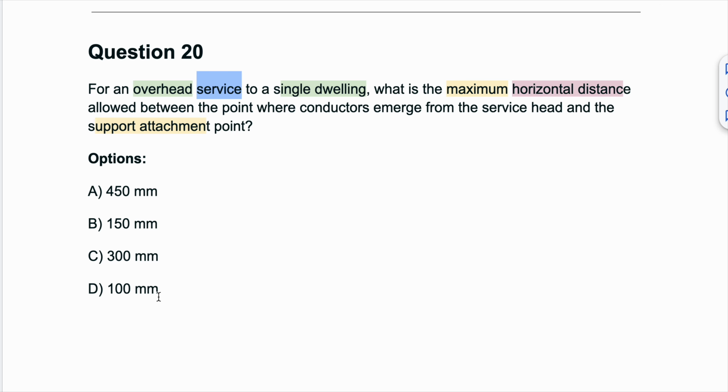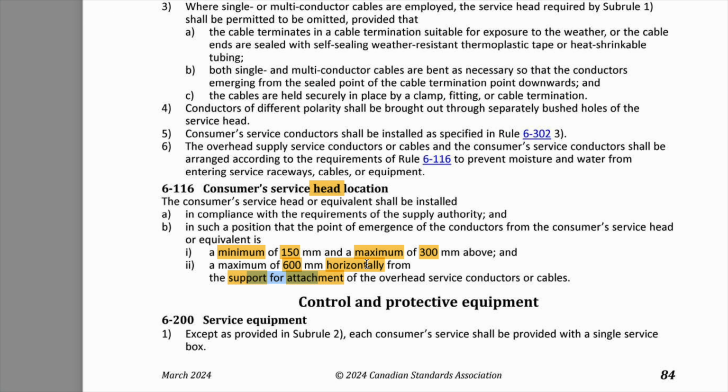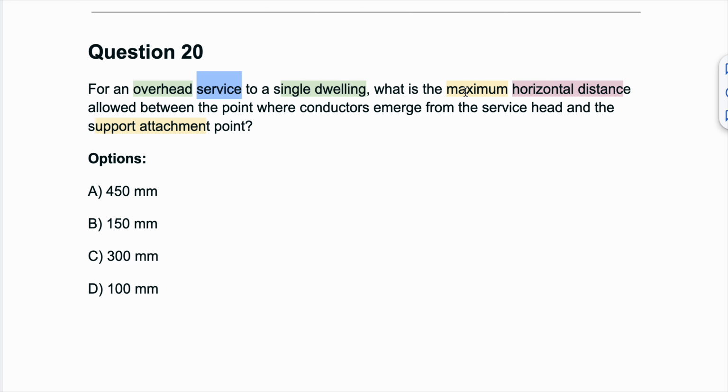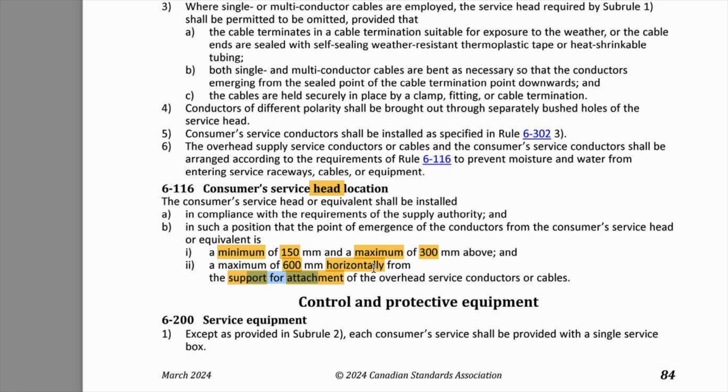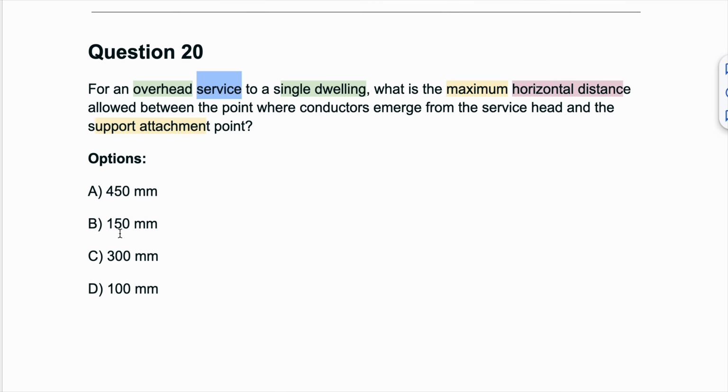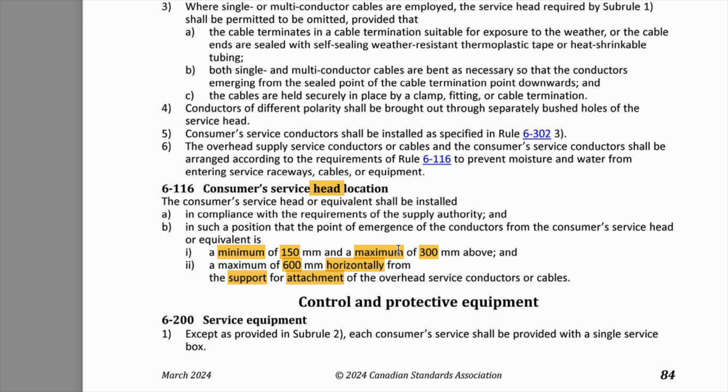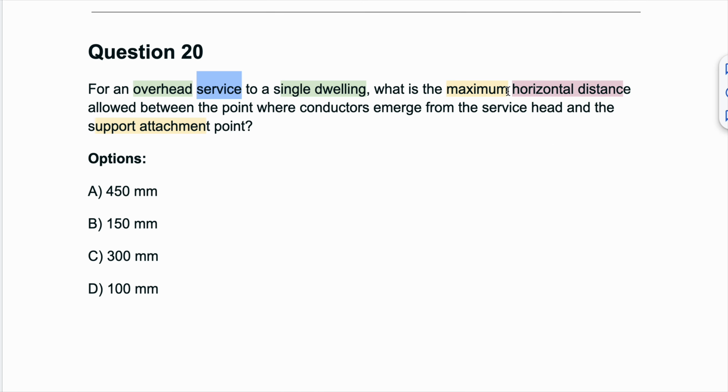Oh, we don't have 600 in this question. It says horizontal distance, maximum horizontal distance. 150 is the minimum and 300 is the maximum, but that is the vertical distance. The question has 300; it can look like the answer, but it's not. I think this question is not correct.